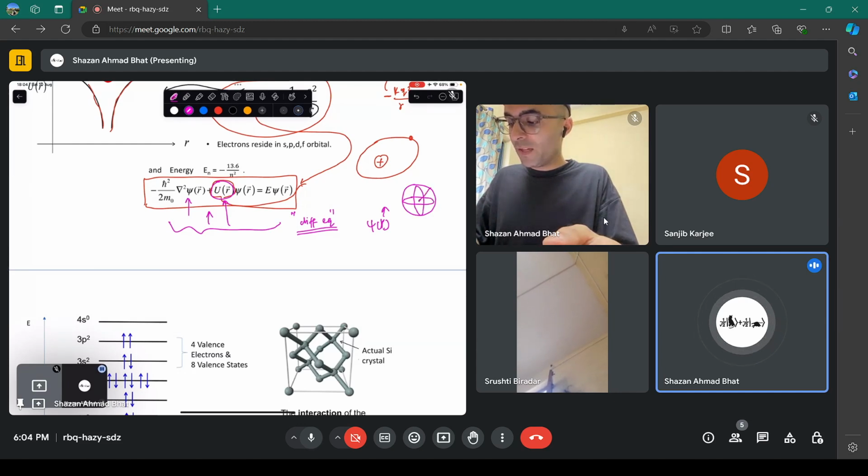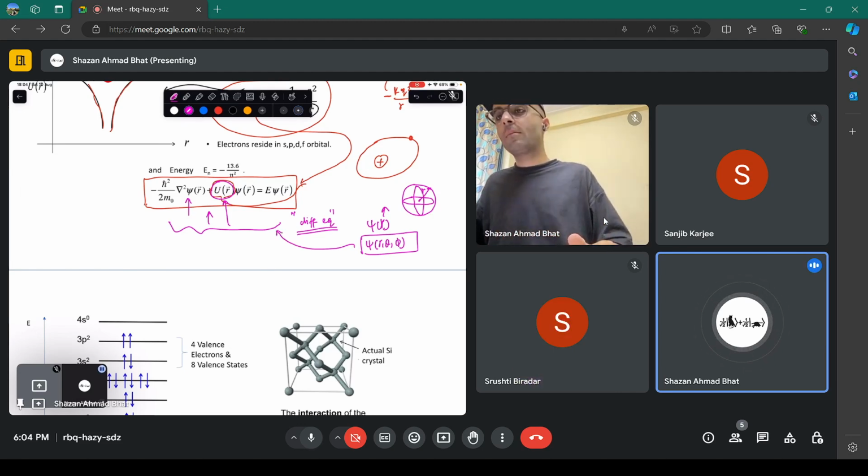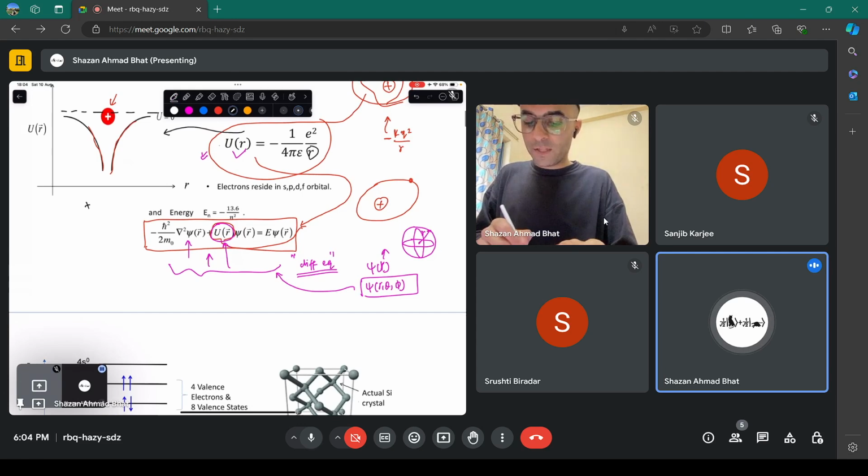So you can have psi of r, theta, phi, which is the solution of this Schrodinger equation. How to solve that particular thing is not compulsory at this stage. But what I am trying to highlight is that from a simple atomic picture, where you have a nucleus and an electron revolving around it, it feels an electrostatic potential given by this thing.